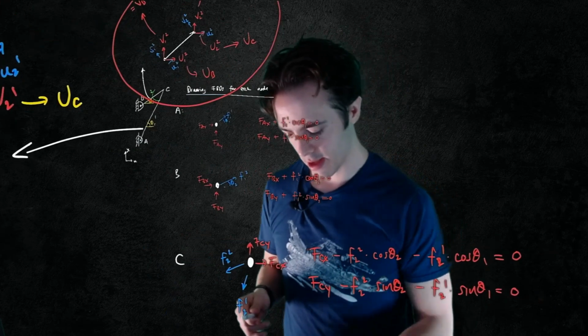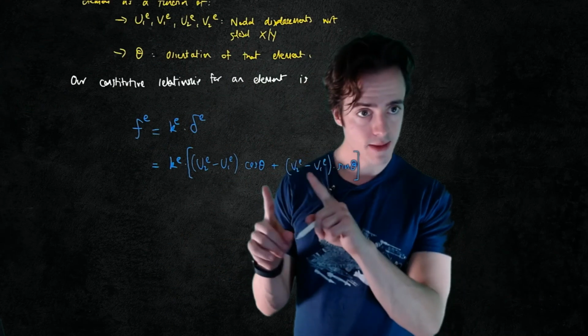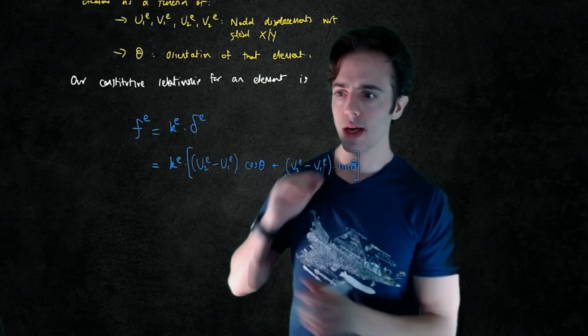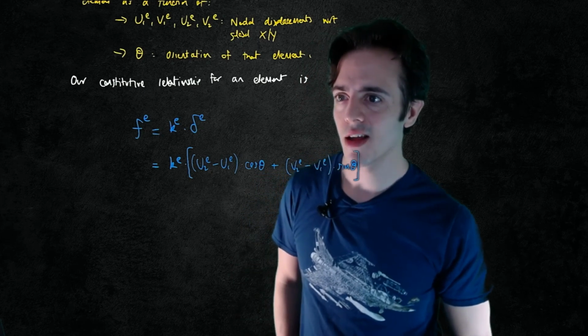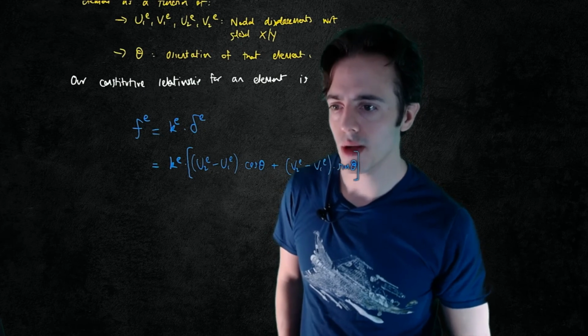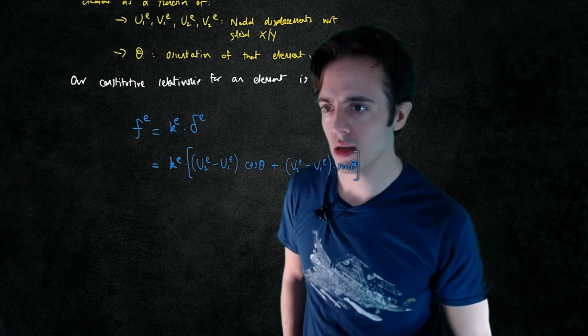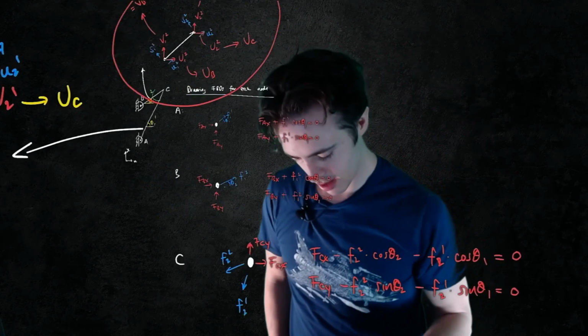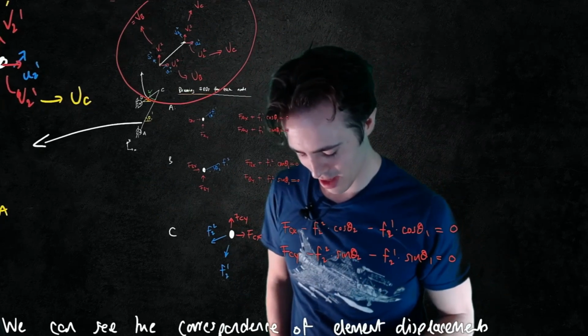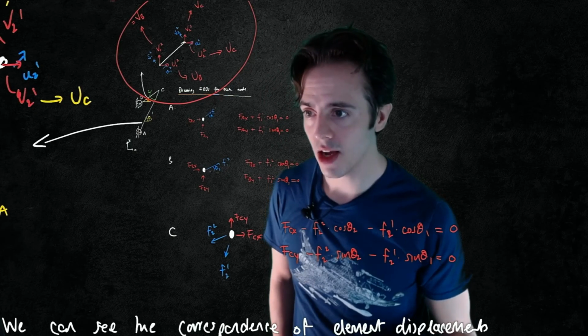So we need to go back to our constitutive relationship. So we've got these here. Okay, we're going to substitute in. Let me just go through this one second. I want to remind myself what we're substituting into each part here. Yes. Okay.